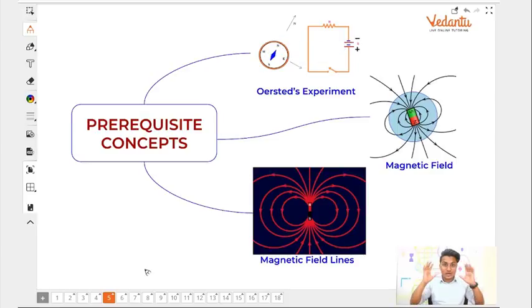Remember this, store in your mind. Okay? It's very important to know. Whenever there is an electric current flowing through a conductor, a magnetic field is also generated. And that magnetic field interfered with the compass, due to which the compass started moving.